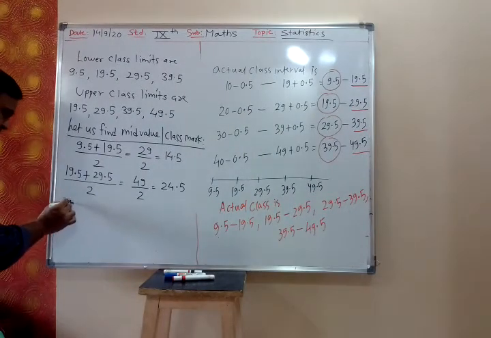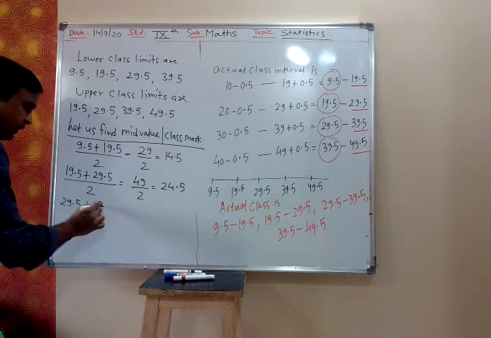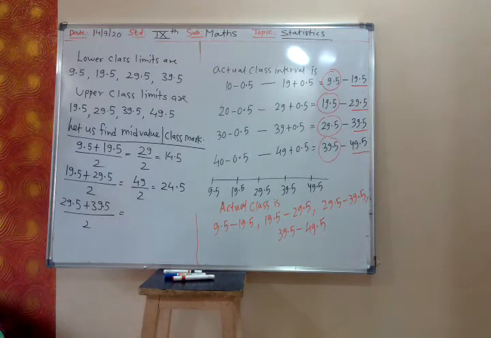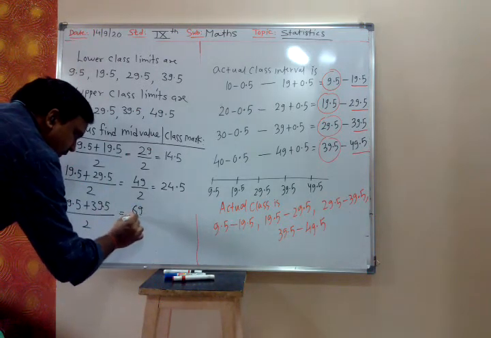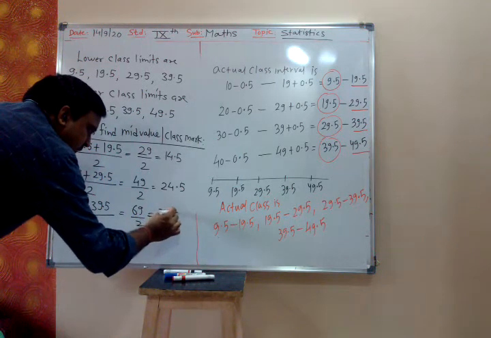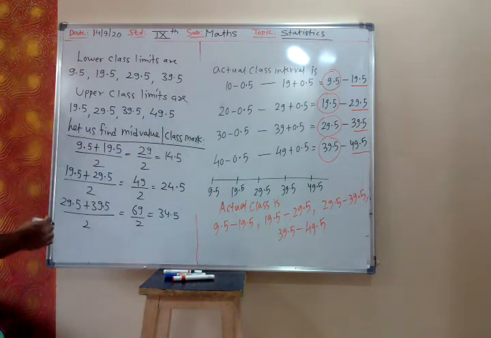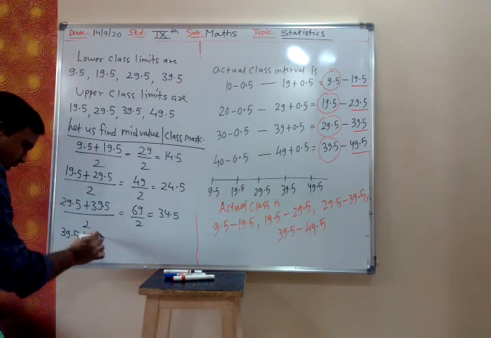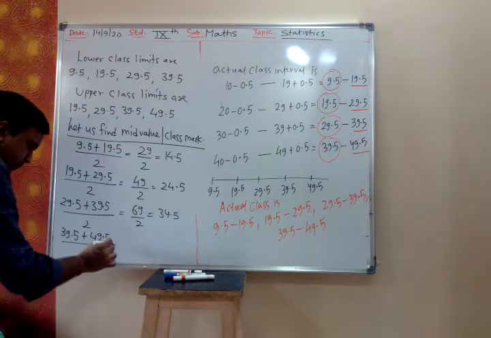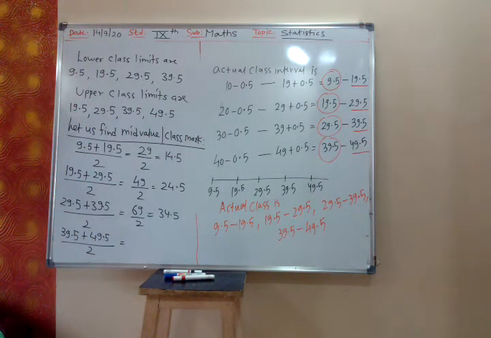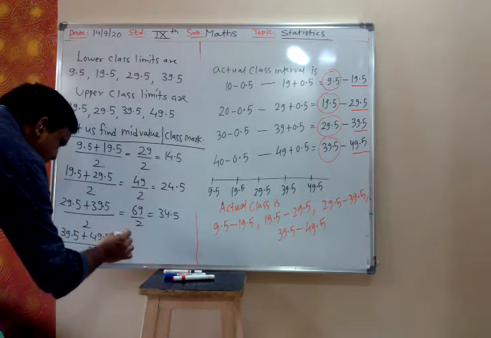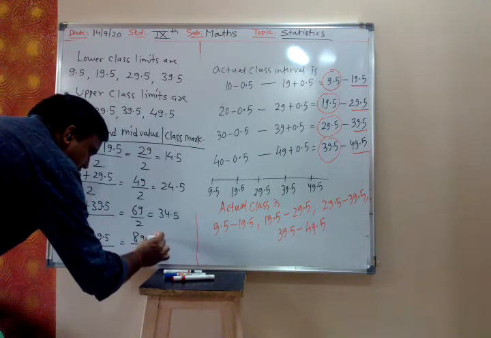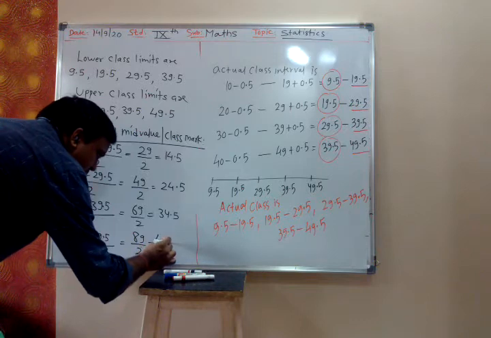So that is 69 by 2, that is 34.5. The last mid value: lower limit plus upper limit divided by 2, so that is 89 by 2, and that is 44.5.